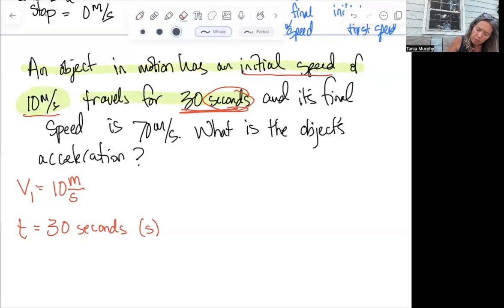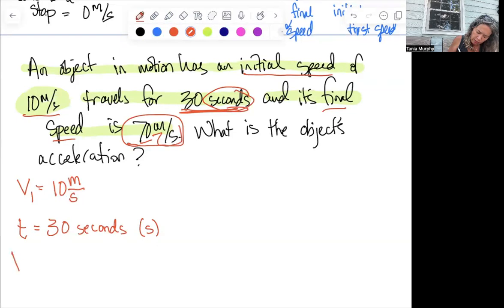Go back to the word problem, and its final speed is, all right, another important piece of information. Speed final is 70 meters per second. So velocity final equals 70 meters per second. Back to the word problem. What is the object's acceleration?